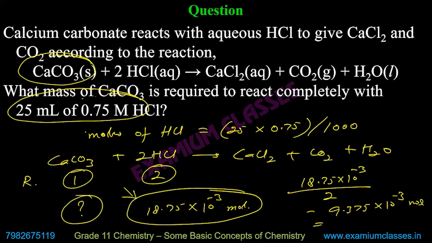These are very frequently used, you should remember. Calcium carbonate, 100. It means when you multiply 9.375 into 10 power minus 3 into 100, you get those many grams. When you convert mole to grams, you multiply by molar mass. Molar mass is 100. Any confusion, don't hesitate to ask. So if you multiply, it will be 10 power minus 1 times this.